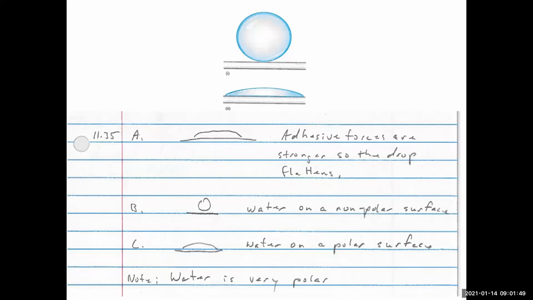The cohesive forces within the liquid can be stronger or weaker than the adhesive forces between liquid and surface. So in which of these diagrams do adhesive forces between surface and liquid exceed the cohesive forces within the liquid? What do you think?